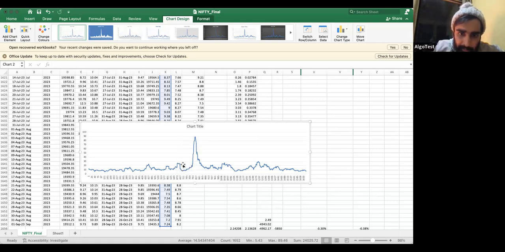Left part में यहाँ before, this is of course the COVID crash, where volatility went crazy.